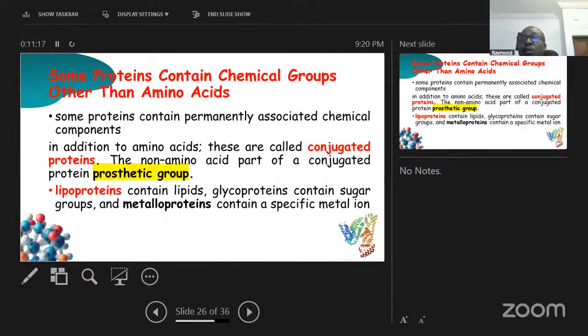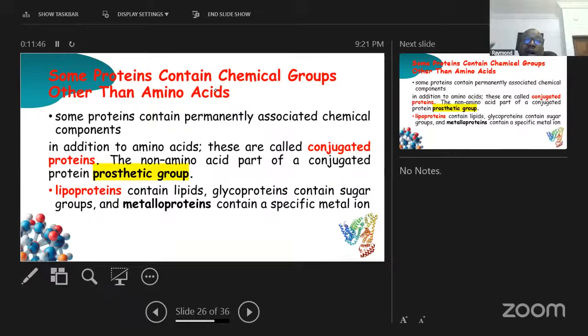The non-amino acid part of a conjugated protein is usually called the prosthetic group. The prosthetic groups are groups that are covalently linked or associated with the protein. Examples are lipoproteins, such as low density lipoprotein cholesterol and high density lipoprotein cholesterol.